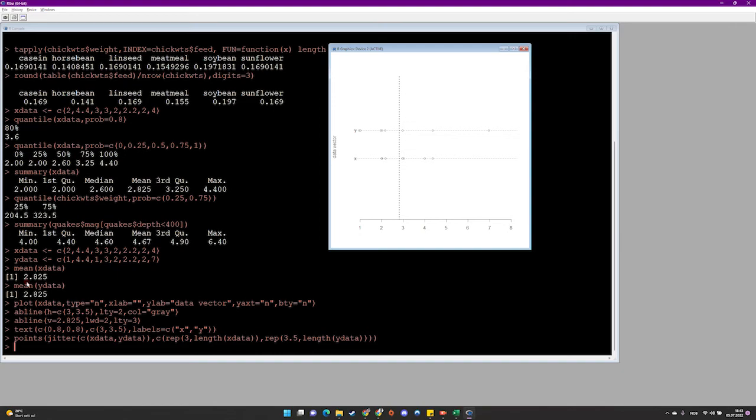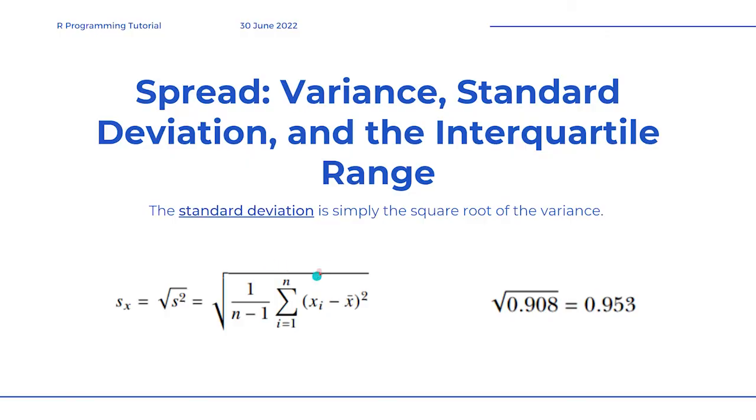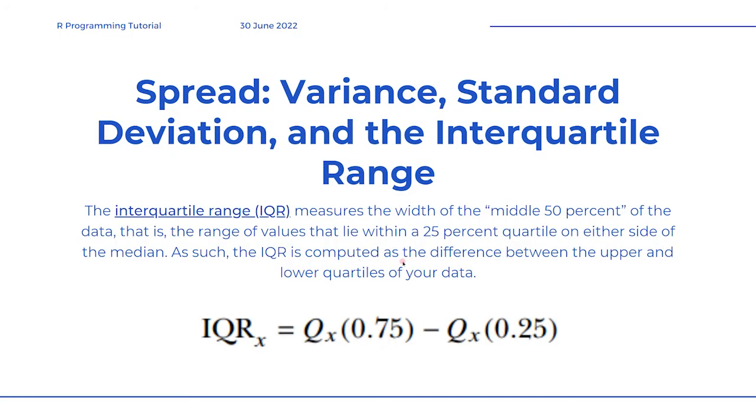Unlike the variance and standard deviation, the interquartile range is not computed with respect to the sample mean. The IQR, or interquartile range, measures the width of the middle 50% of the data. That is the range of the values that lies within the 25% quartile on either side of the median. As such, the IQR is computed as the difference between the upper and the lower quartiles of your data.